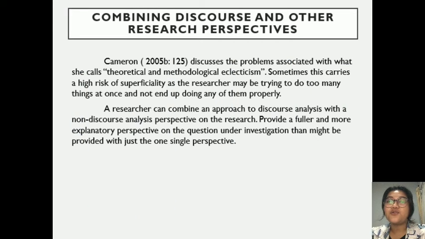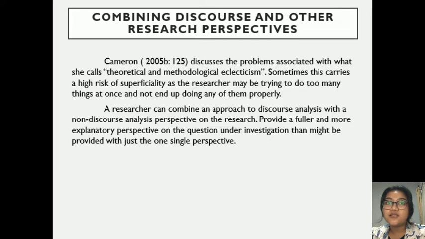How about combining discourse and other research perspectives? Cameron, in 2005, discusses the problem associated with what she calls theoretical and methodological eclecticism. She points out that sometimes this carries a high risk of superficiality, as researchers may be trying to do too many things at once and not end up doing any of them properly.